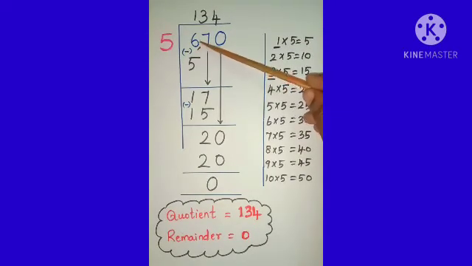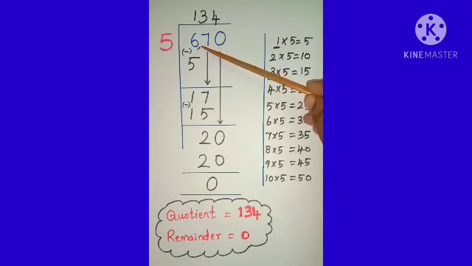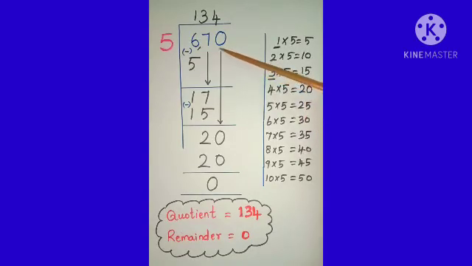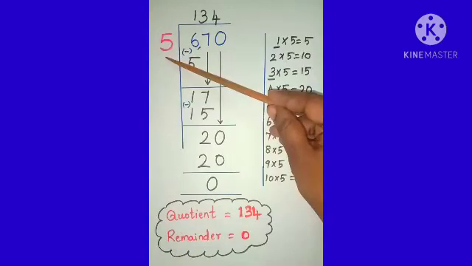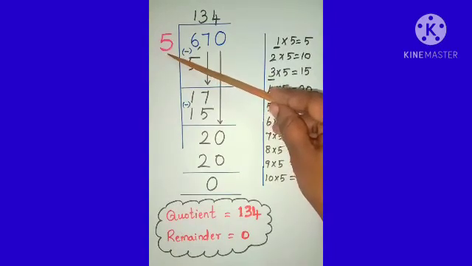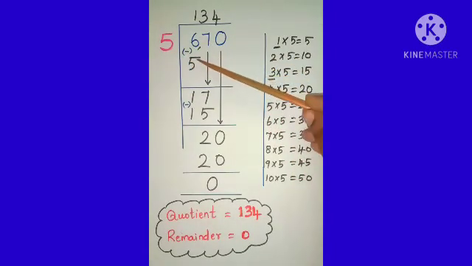As a first step, take the first number in the dividend. Here 670 is the dividend. 6 is the first number in the dividend. And then divide 6 by the divisor 5. That is 6 divided by 5.